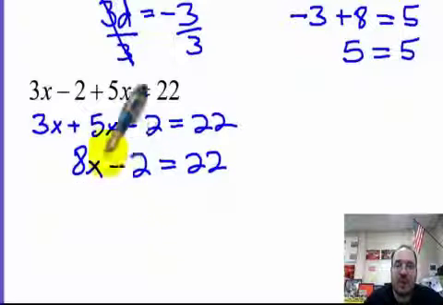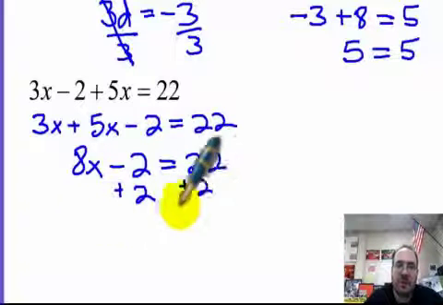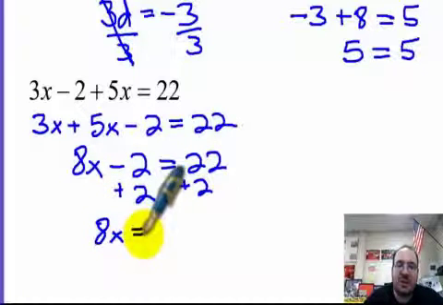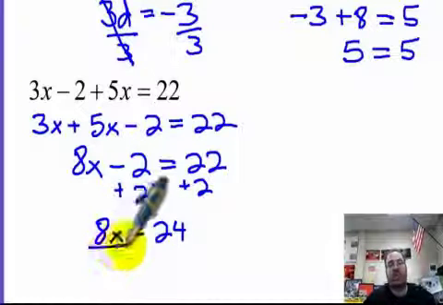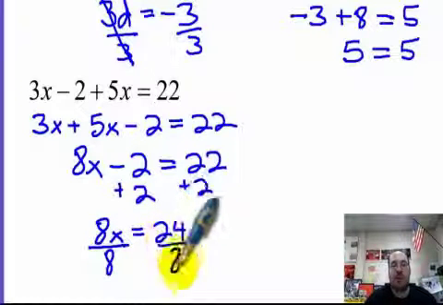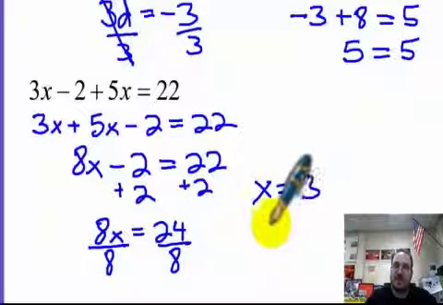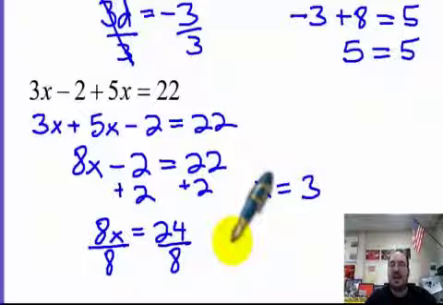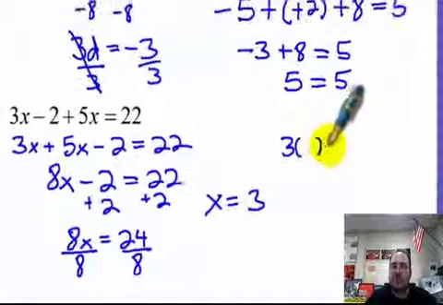So, how do I get rid of subtract 2? You add 2. And you get 8x equals 24. And then you're going to divide both sides by 8. And you get x equals 3. And I want to check my work, so I'm going to take that x equals 3 and rewrite the original problem.